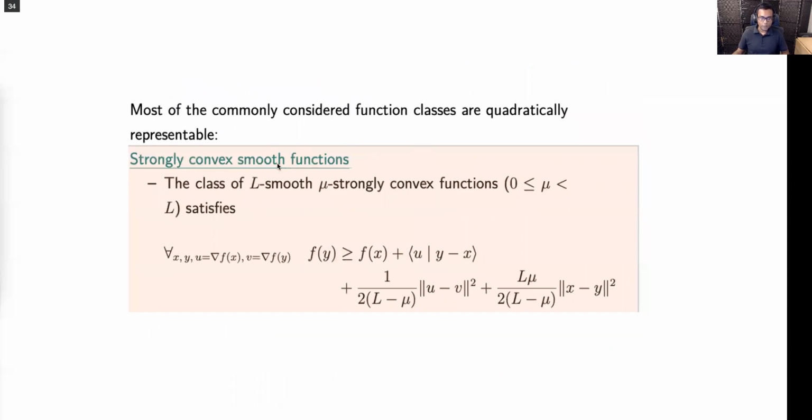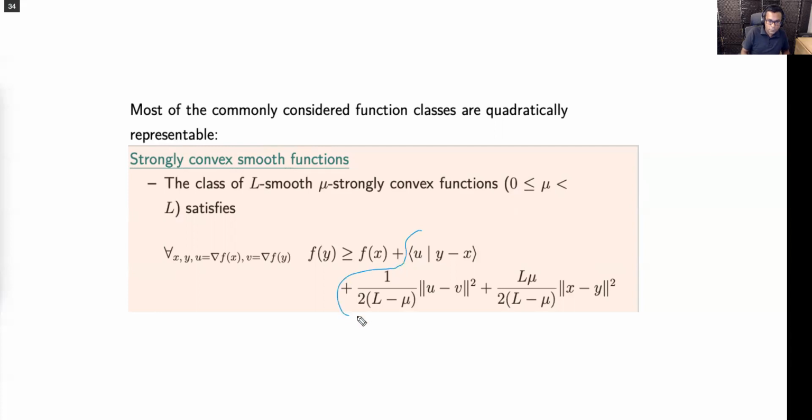If we consider a strongly convex and smooth function, then if we look carefully, we will see that this is quadratically representable. We have alpha equal to 1, beta equal to 1, and then whatever I am showing here. So perhaps I can use my pen.